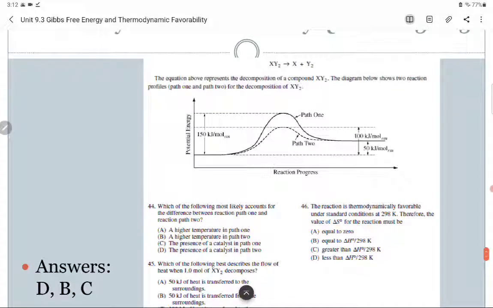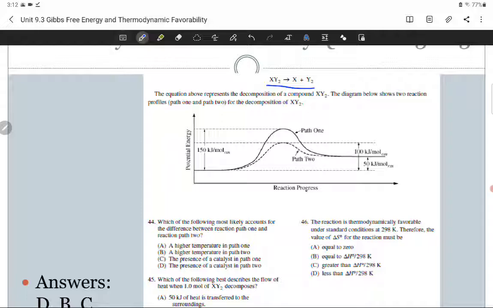Okay, we have a reaction here, and we have a pathway. Looks like we have path 1, path 2. Whenever you see these humps changing, this definitely has to deal with a catalyst, I'll just write catalyst up here.